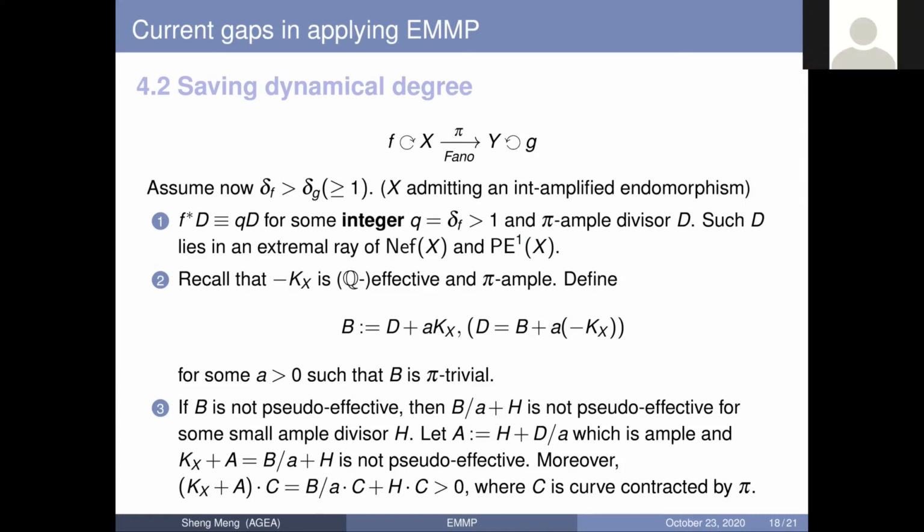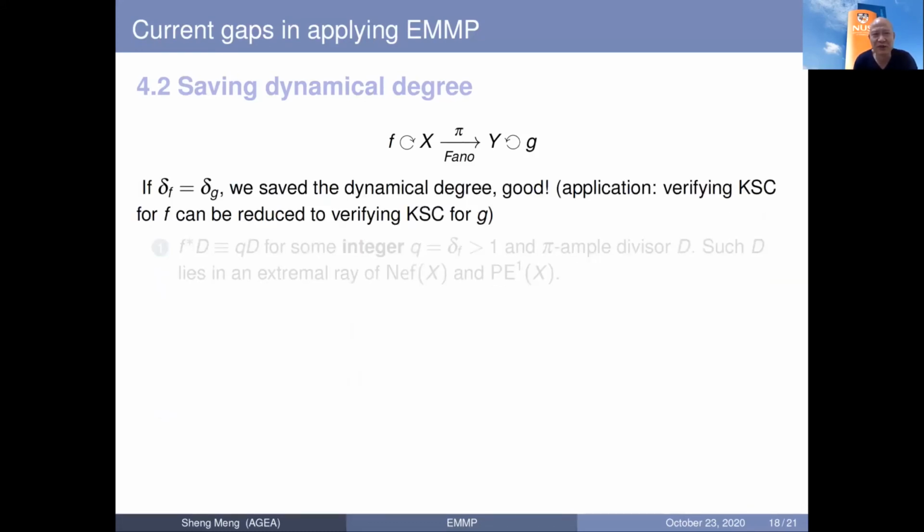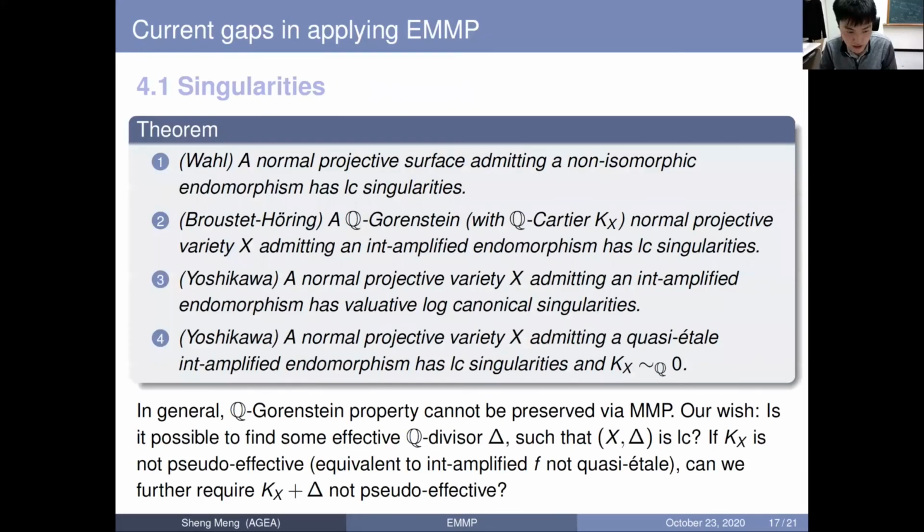Okay. So the smoothness is also important in the result of Yoshikawa and Matsuzawa, right? Almost, yeah.